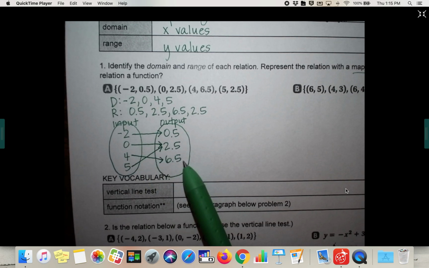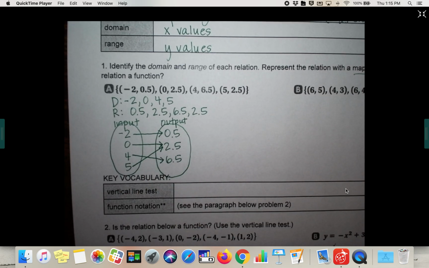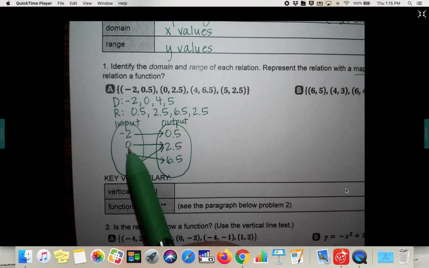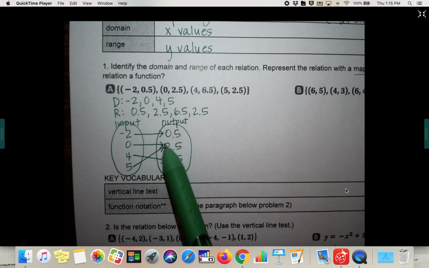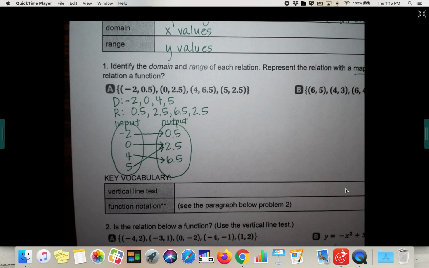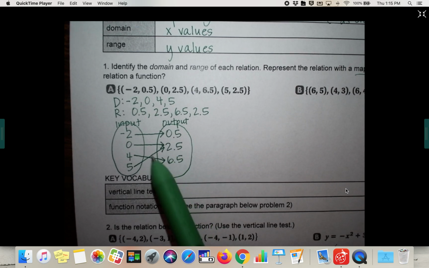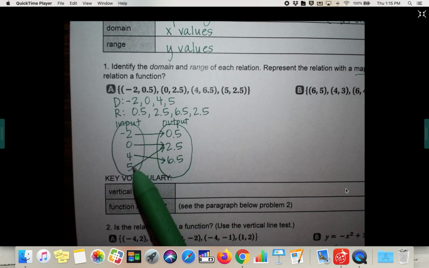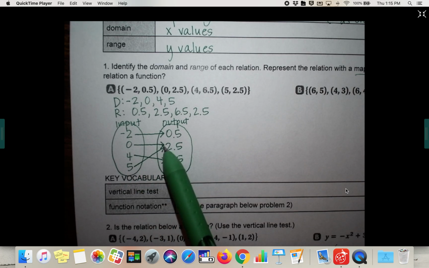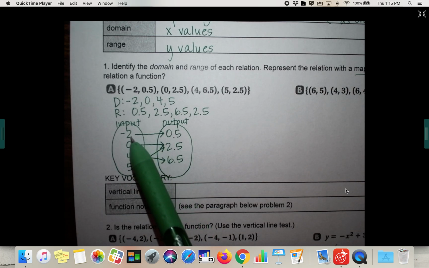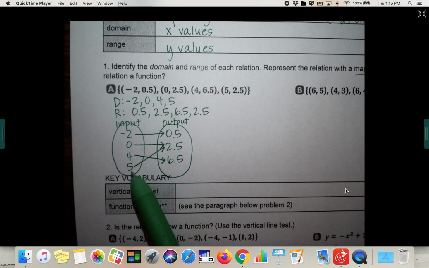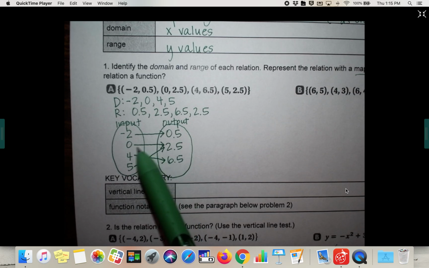So let me go over with you what it means to be a function. Each individual input has to be paired with its own output. I know you might say this is a no because 0 goes to 2.5 and 5 goes to 2.5, but actually that's okay because the inputs are each different. So each input has to be going to a separate output.